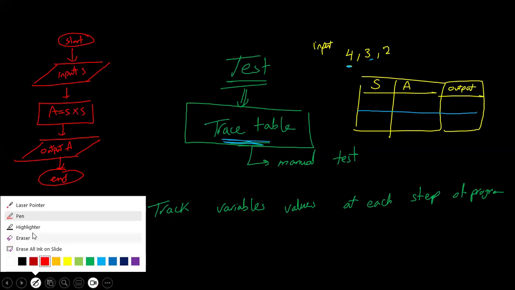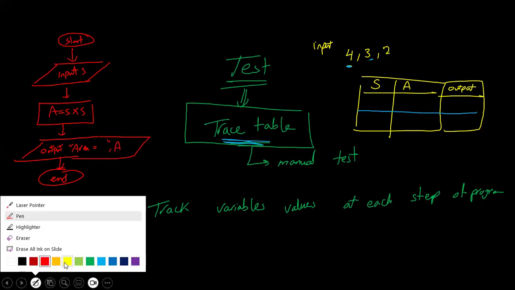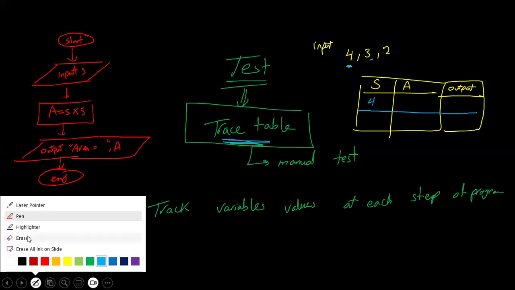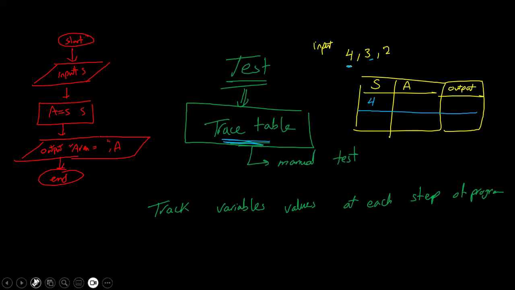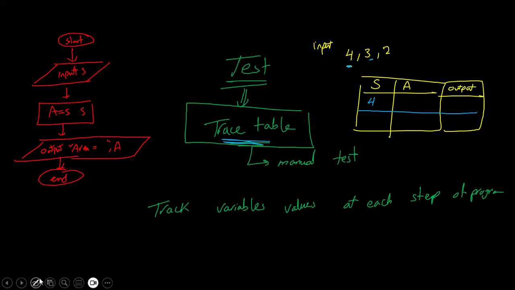And let's also change this output to be different: output area equals, and then A. Okay, so let's trace this program. At first, you will input S. What is the value of S? It is 4. I will change this and make it a plus to try to trace and check that we have an error.